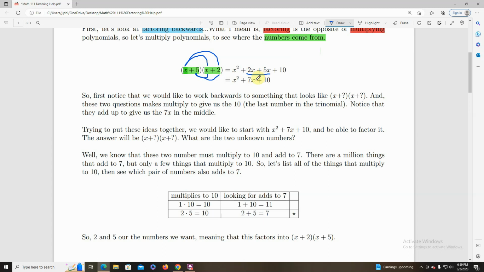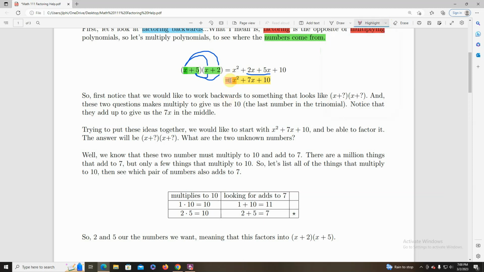I think we can multiply. What we would like to do in today's lesson is go backwards. We would like to give you x squared plus 7x plus 10, and you tell me what the original polynomials were that were multiplied to give me that. So we're going to start with the simplest type: polynomials that don't have a coefficient out front.